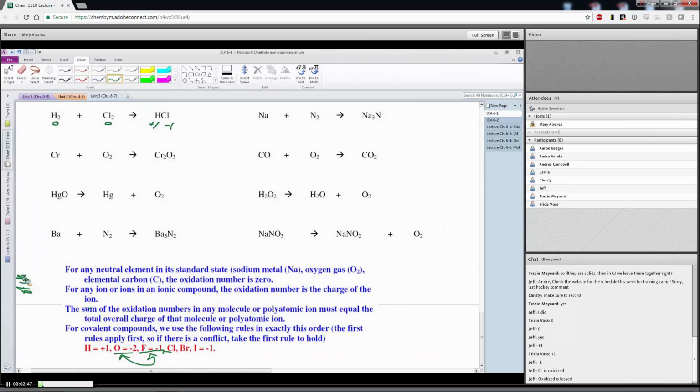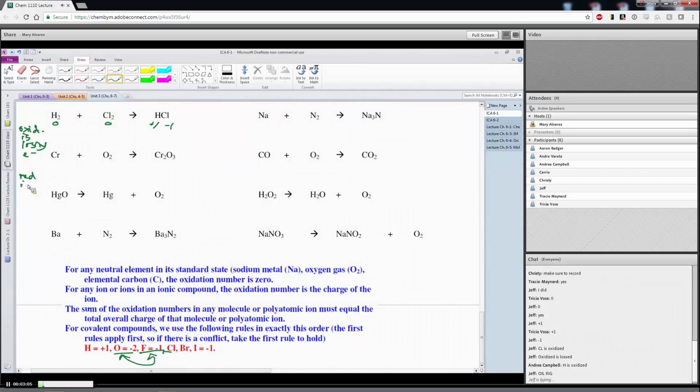Oh goodness, I shouldn't try to draw sideways. I should just draw it down and make it small. So oxidation is losing electrons, where reduction is gaining electrons.